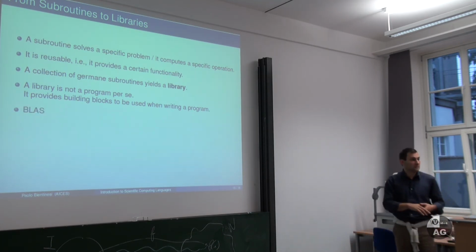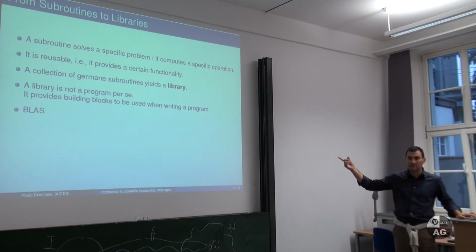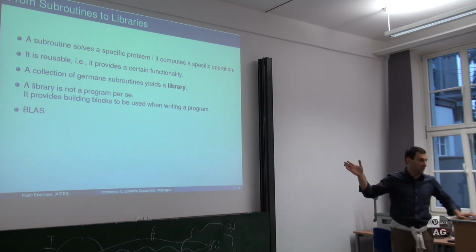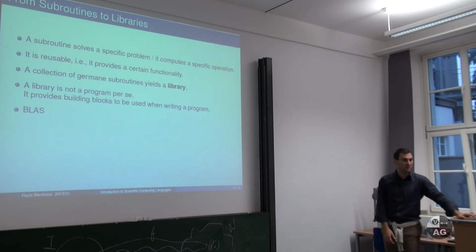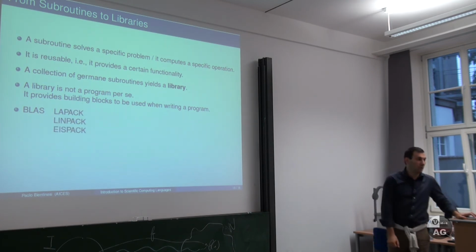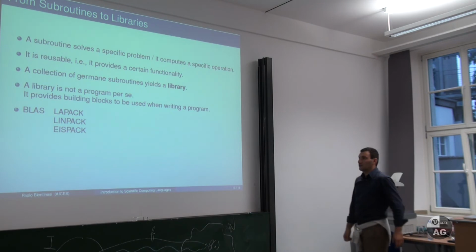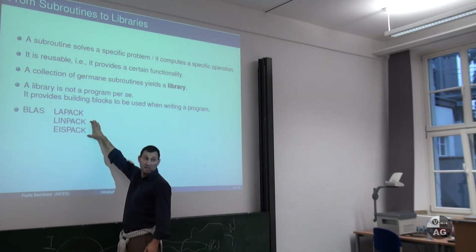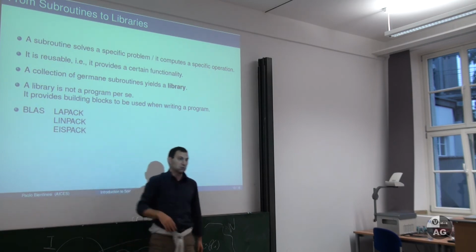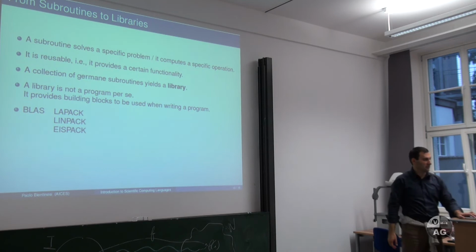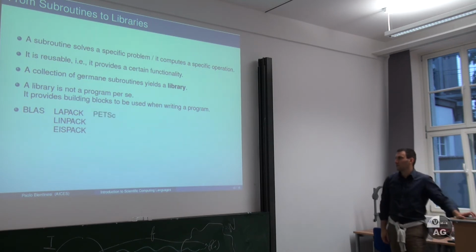For us, the most common libraries will be BLAS, basic linear algebra subroutines. You will hear about this a lot, so I don't have to spend too much time now. These are very popular linear algebra libraries. These two are finally dead, but LAPACK is still the standard library in numerical linear algebra.